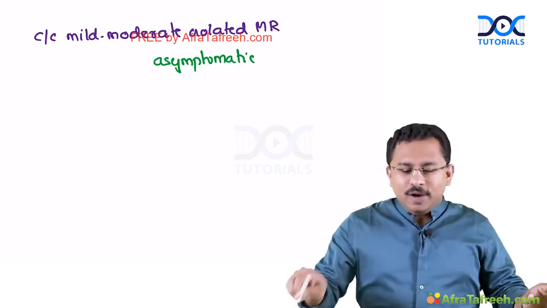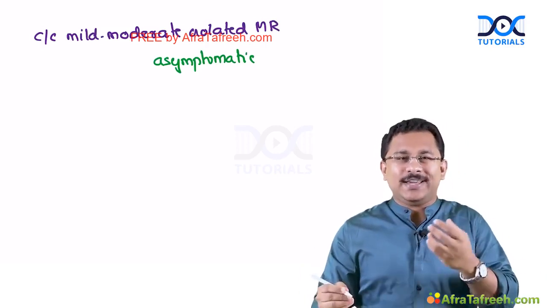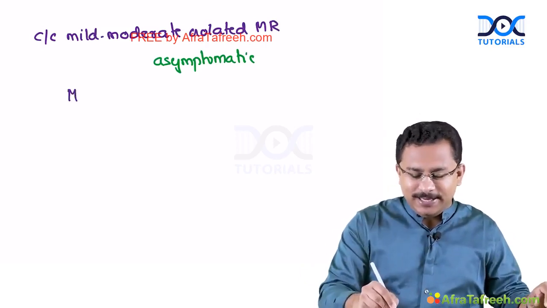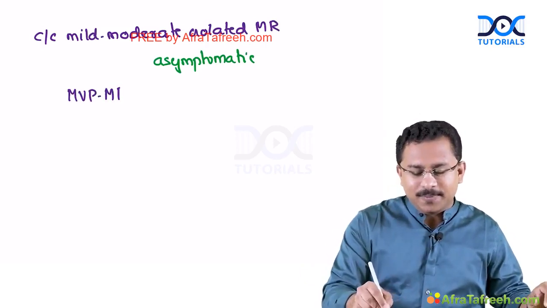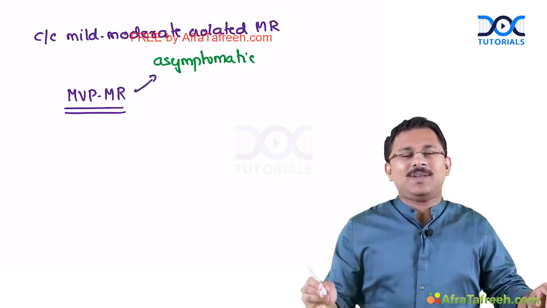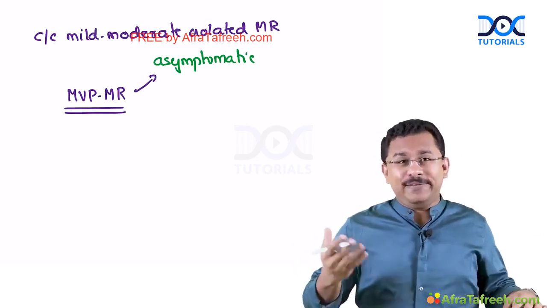In many of the cases where the mitral regurgitation occurs as a sequela to myxomatous degeneration and subsequent MVP, that is an MVP MR, many cases are asymptomatic. The patient may remain totally asymptomatic throughout life even.